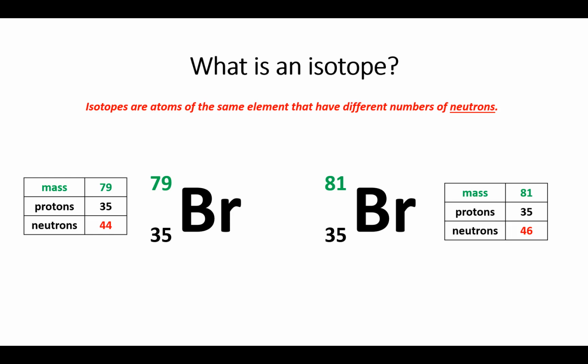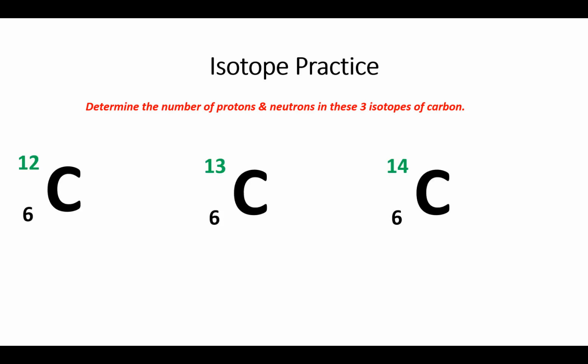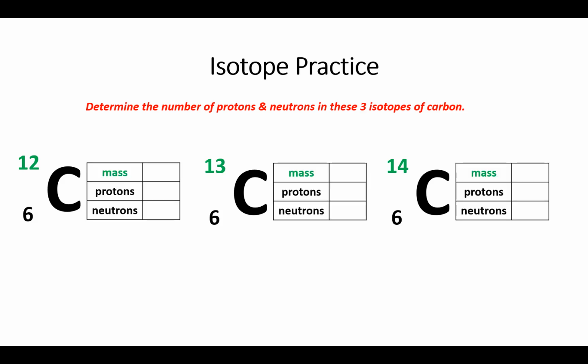How about we do another example of an isotope to make sure you feel good about this? This time, we're going to figure out the protons and the neutrons in 3 isotopes of carbon. Here they are. Notice on the top that each of them has a slightly different mass. We've got the first one with a mass of 12, the second one with a mass of 13, and the third one with a mass of 14.